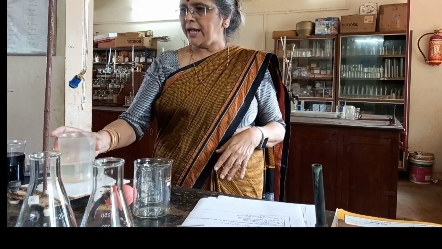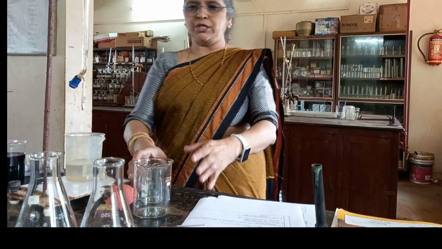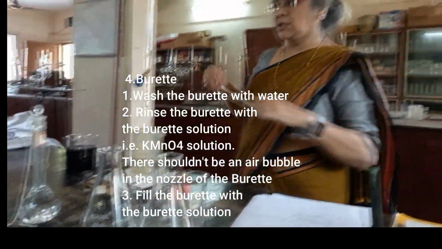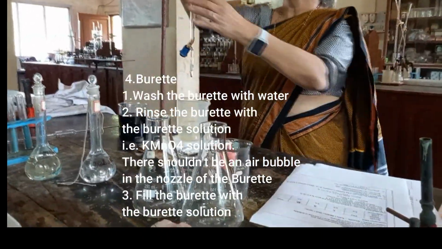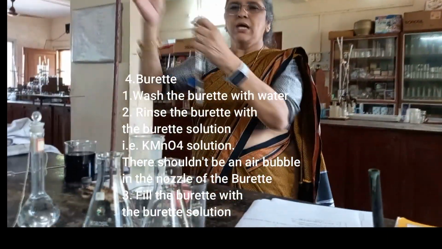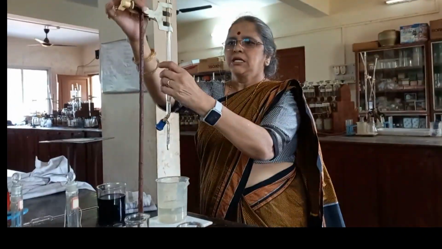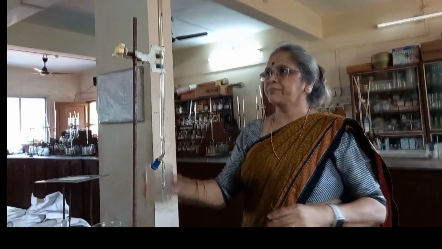And after washing this conical flask and beakers, now it is the turn for washing the burette. Now how to wash a burette? I may remove this burette from the burette stand or I will keep it as it is. It is better to keep it on the burette stand only.